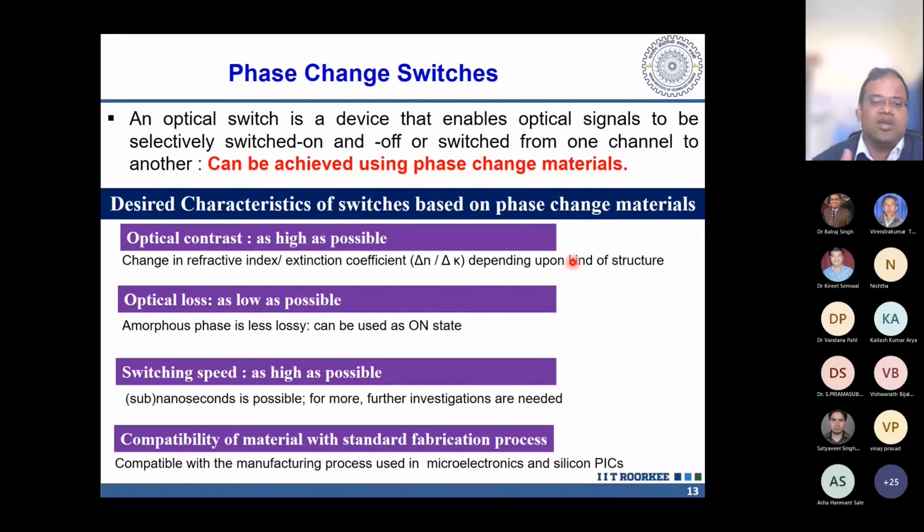Nanoseconds or sub-nanoseconds can already give you gigahertz speed or even more. The other property that we always look for is compatibility with the standard fabrication process, which is there. Not only is silicon compatible with the CMOS fabrication process, the new material that we are introducing, a phase change material, is also CMOS compatible, and we can make CMOS compatible switches using this material.